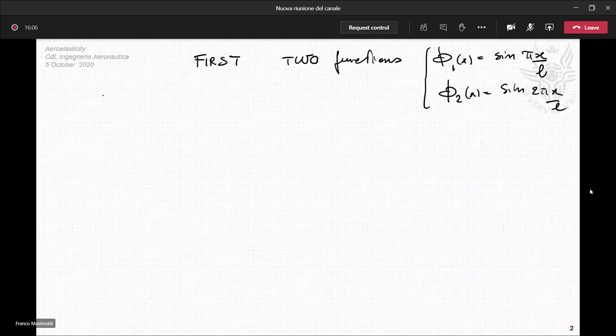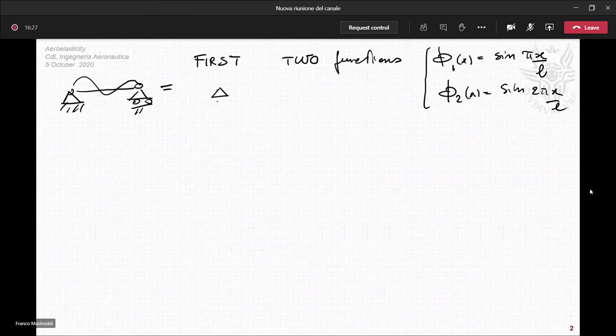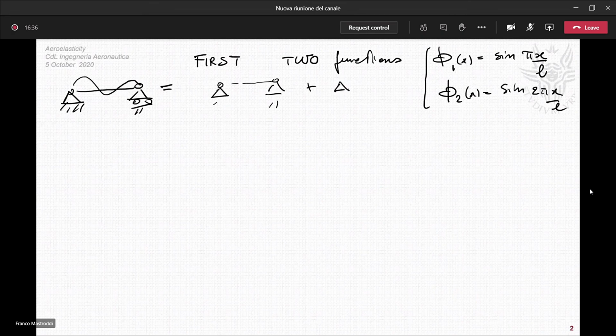This means that in your problem, a generic motion like this is decomposed like a summation of this, a combination at any time of this plus this.